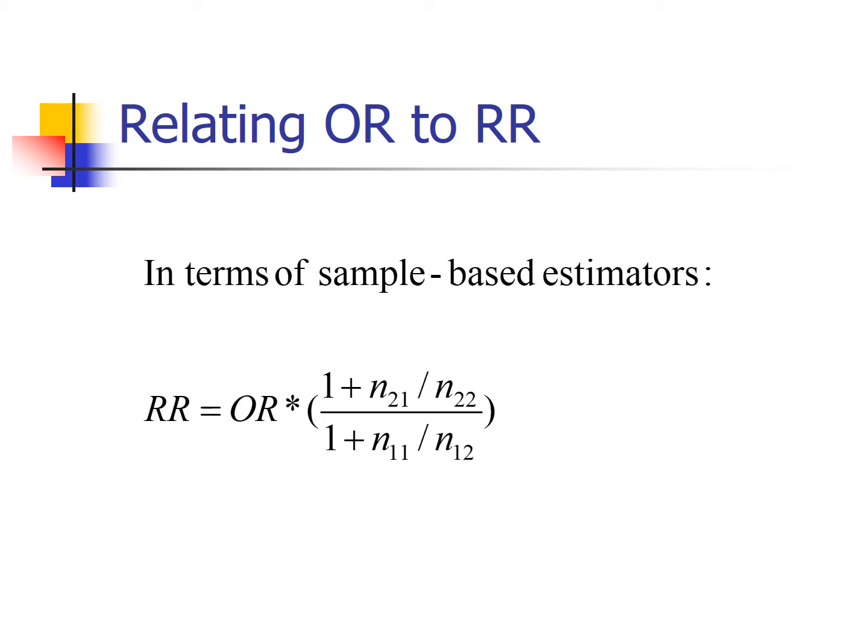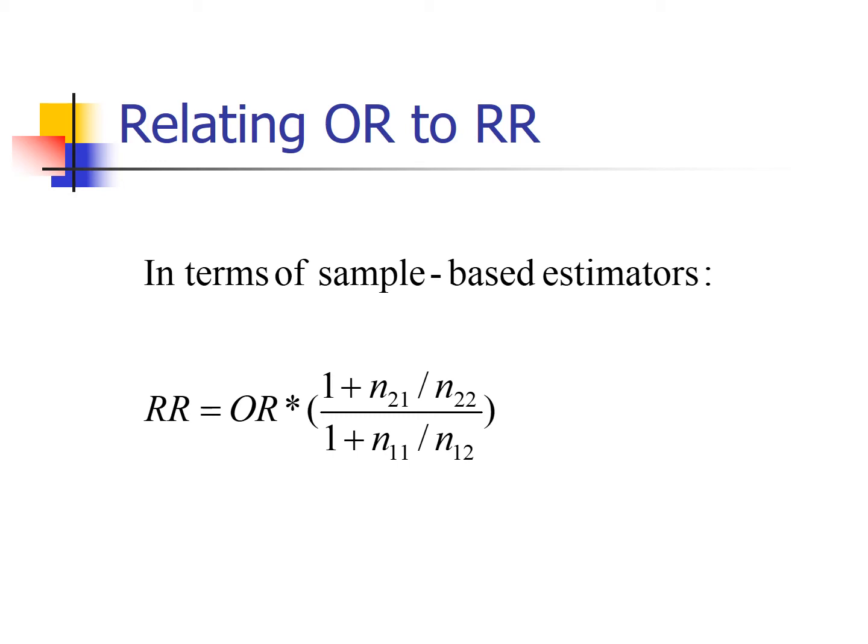So notice that if both of those numbers are very small, that is if it's very rare, if it's very unlikely to have a heart attack, which in this case it appears to be the case, then N21 will be very small, N11 will be very small. Both those fractions will be very close to 0. And so we'll have 1 plus something close to 0 over 1 plus something close to 0.